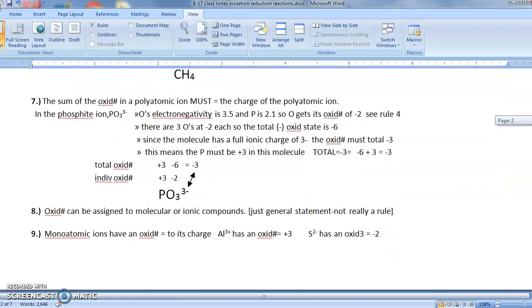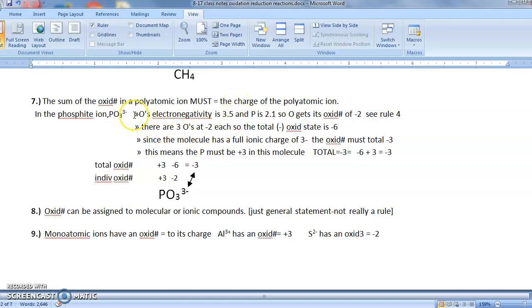On to rule number 7. The sum of the oxidation numbers for a charged substance must equal the charge of the substance. When we're dealing with polyatomic ions, we learned they have charges. So when we total the oxidation numbers of the atoms in a charged substance, they need to equal the charge of that substance.